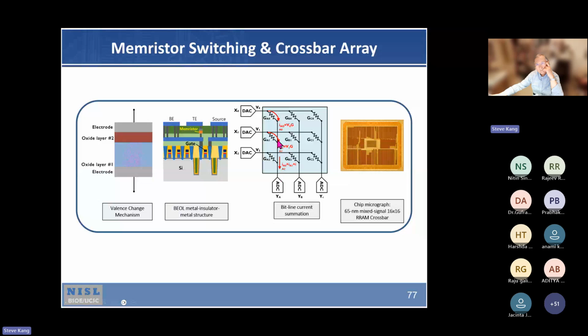They are summed up together to produce even higher current, and then go through analog to digital conversion and output. Thus you can have an array of memristors called a crossbar array that can be used for matrix multiplication type of things. That's a very important application, the crossbar array.